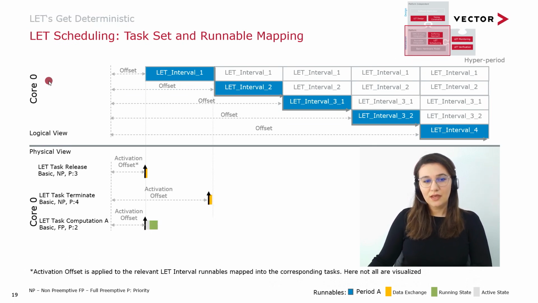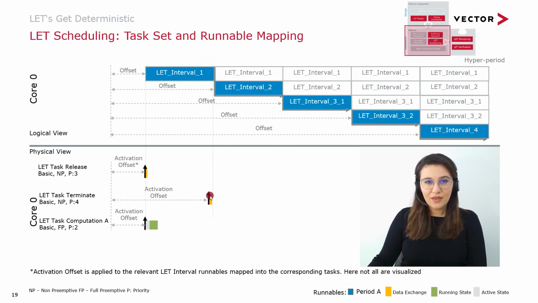So to do that, we will use dedicated tasks, called here LET task release and LET task terminate, make them basic and non-preemptive, and assign the highest priority so that their execution and allocation to the cores are ensured. For the LET interval, the release schedulable entity will be mapped at the release task, and the corresponding terminate of the LET interval 1 will be mapped at the task terminate here.